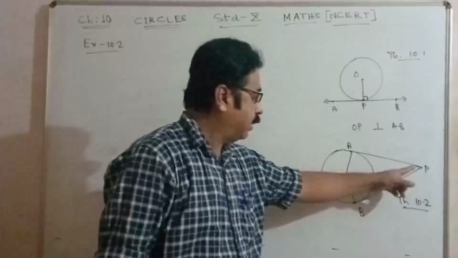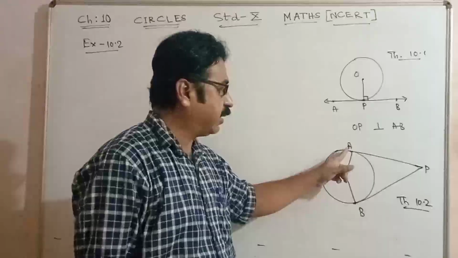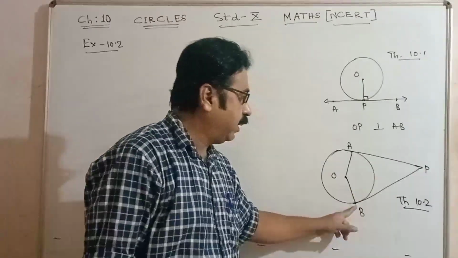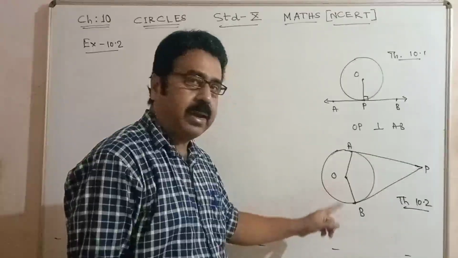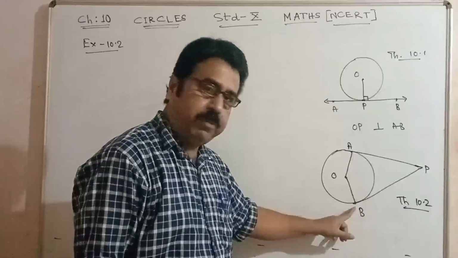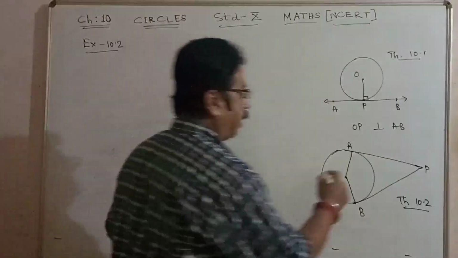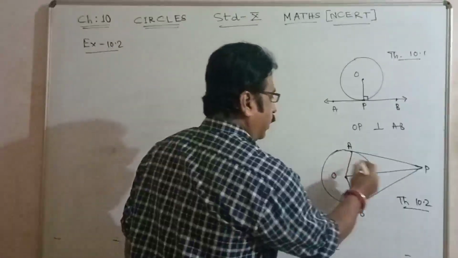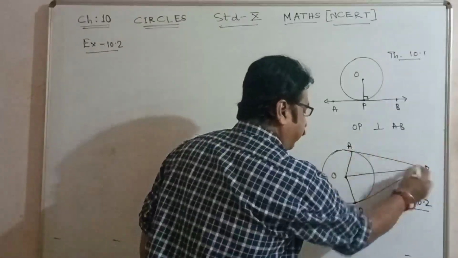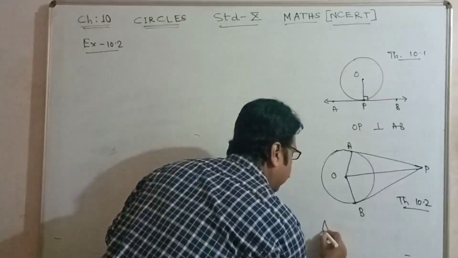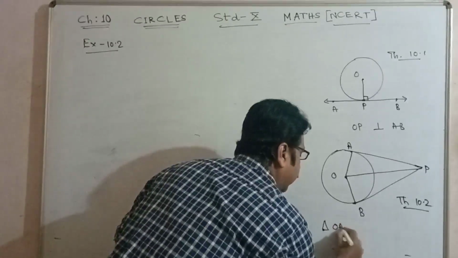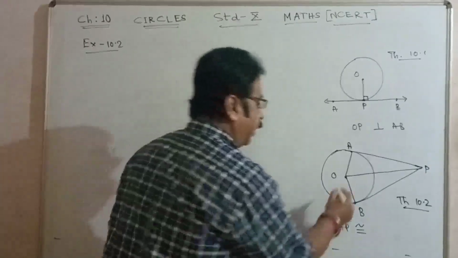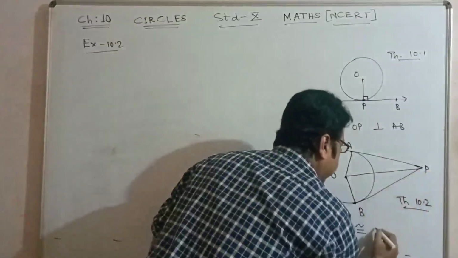PA is a tangent to the circle at the point of contact A. PB is the tangent to the circle at the point of contact B. We got triangle OAP is congruent to triangle OBP.